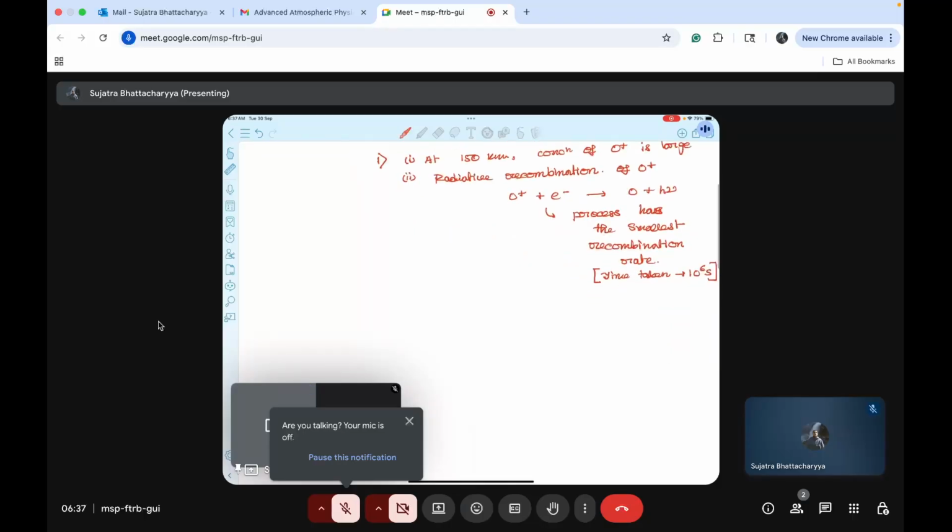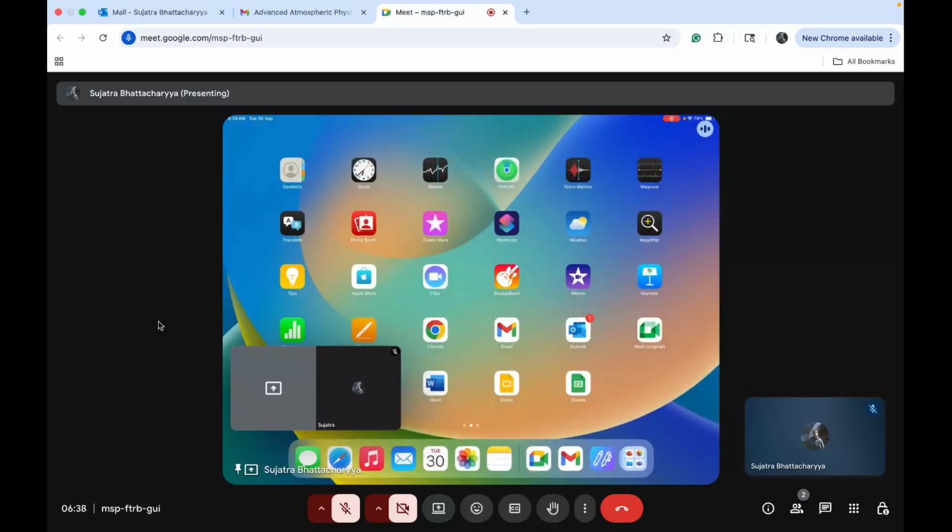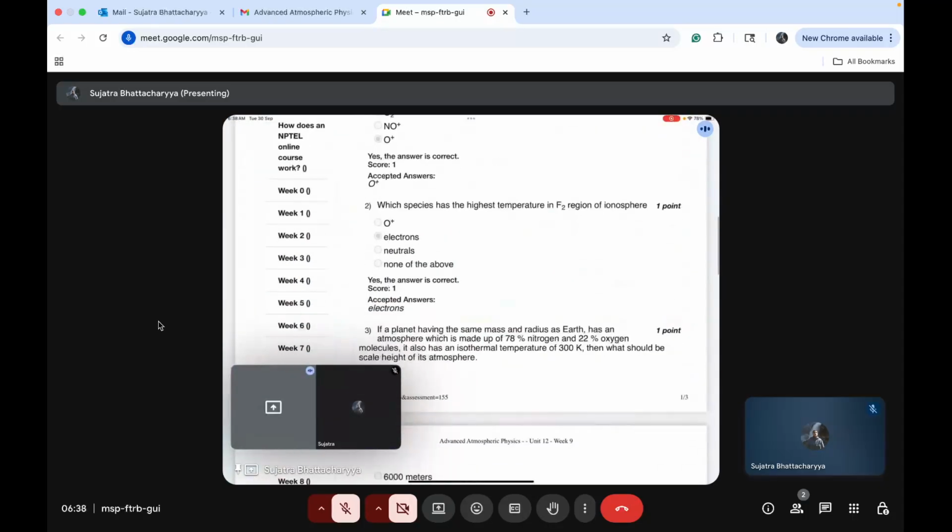Because of the small recombination rate, the time taken is large. Okay, so now let's go to the second question. The first question's accepted answer is O positive.